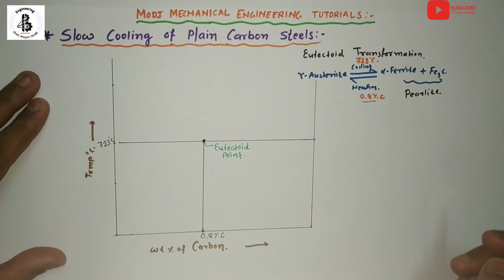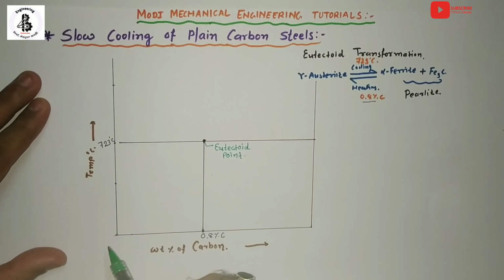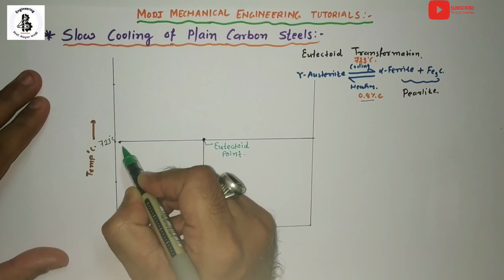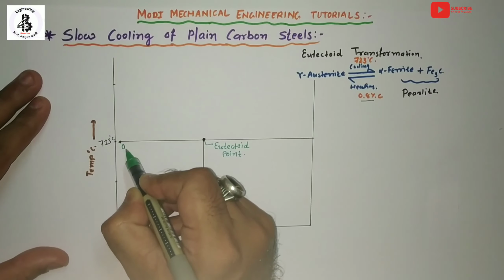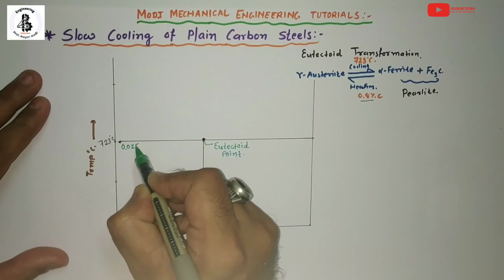As per the solubility of carbon in iron, mark one point here with a carbon percentage of around 0.025%.